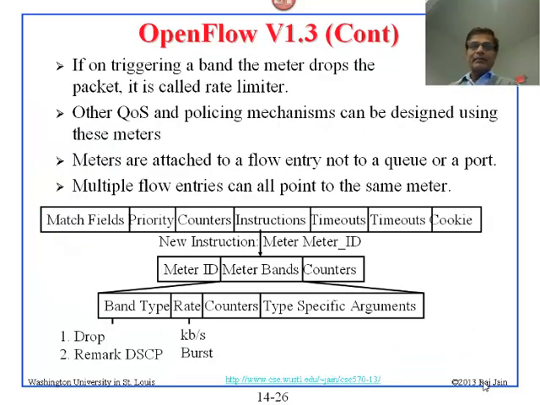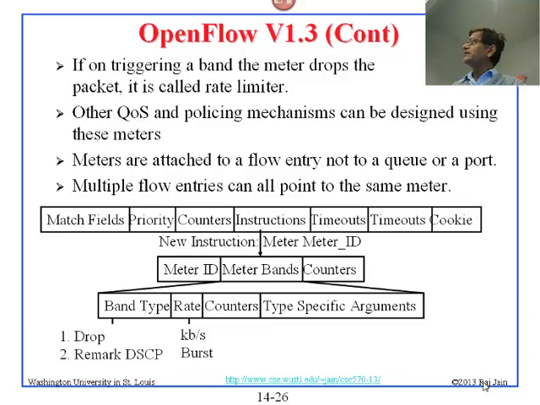Now, on triggering a band, the meter drops the packet. If it drops the packet, then we call it a rate limiter. That's just an example. If you want to implement a rate limiter, you just say that you triggered the band, drop it.